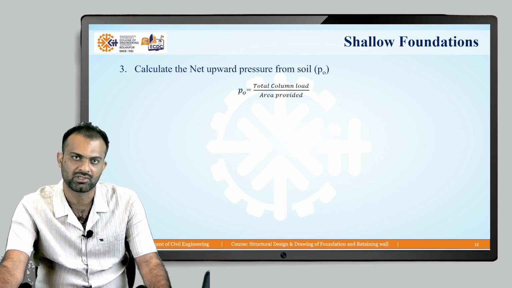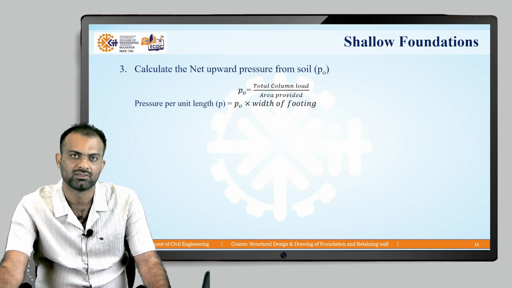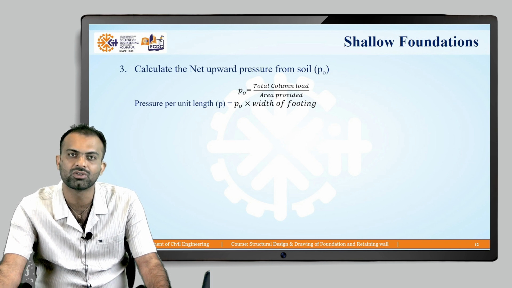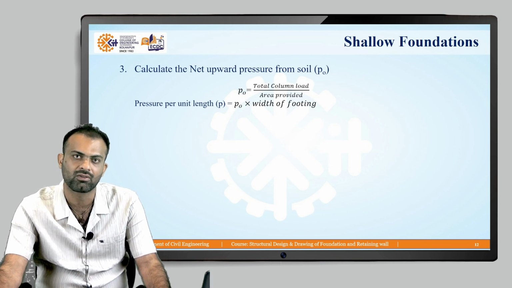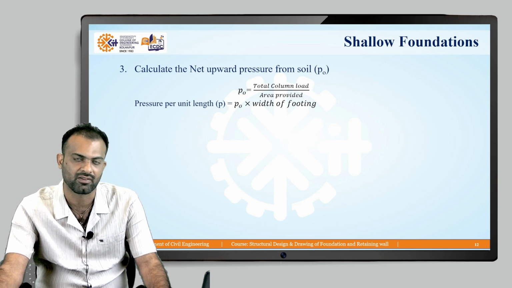From the net upward pressure, we are going to calculate the net upward pressure per unit length. The formula for that is net upward pressure into width of the footing. We are going to use this pressure per unit length in checking the footing for one-way shear.